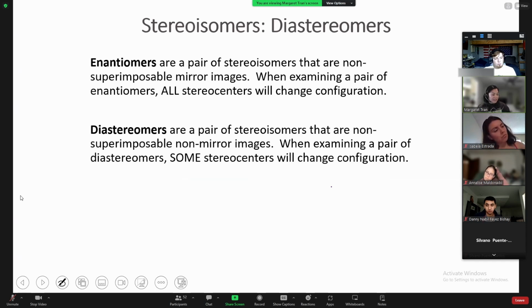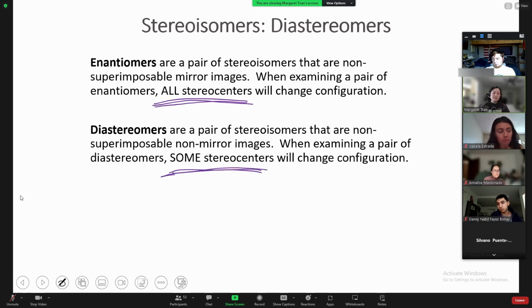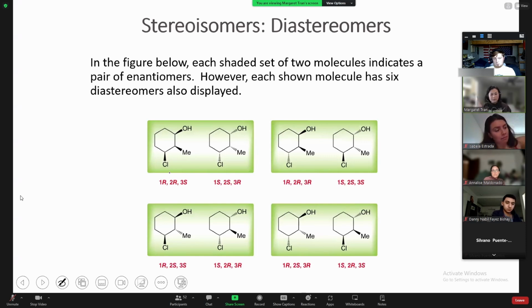All right, so stereoisomers and diastereomers. Enantiomers: mirror images, non-superimposable. Diastereomers: non-mirror images, non-superimposable as well. You're going to be able to look at structures and determine if things are enantiomers or diastereomers. Memorize this: enantiomers, all stereocenters change. Diastereomers, some stereocenters change. This is the example that we went through, and a lot of you had light bulb moments, which I always enjoy. Each one of these is an enantiomer of the others because all of the stereocenters change.